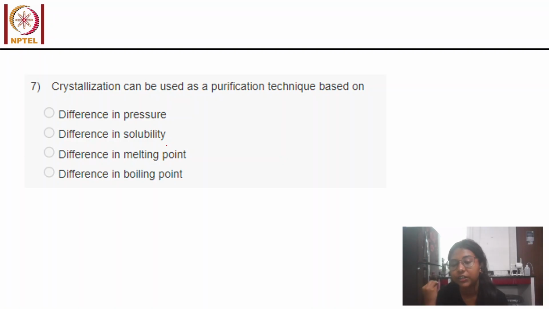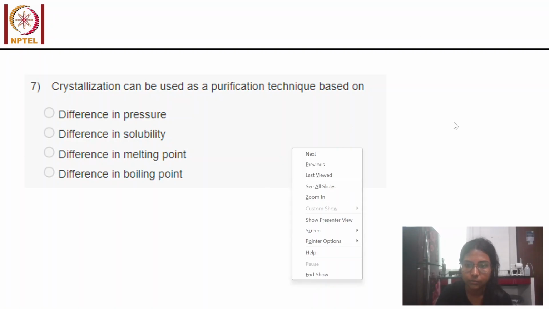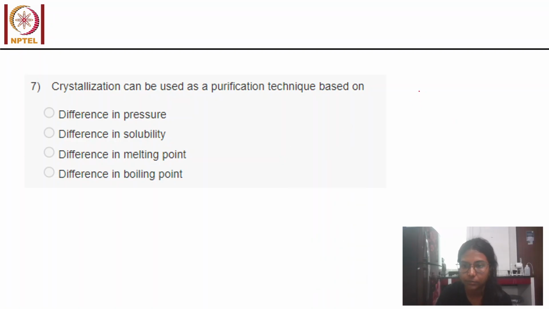Crystallization is actually a very good method to separate compounds based on their solubilities. So what is happening? Suppose you have some compound A, and you have reacted it.